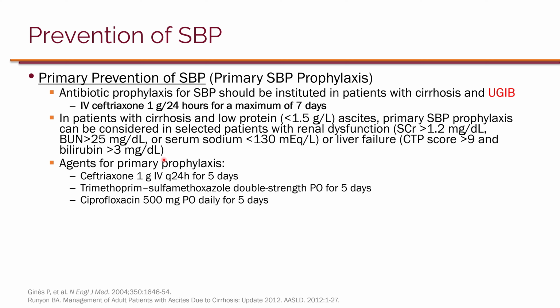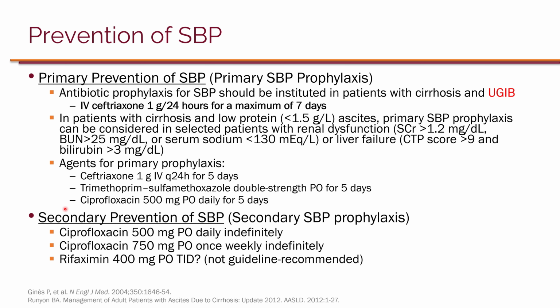And the agent for primary prophylaxis for these patients essentially is ceftriaxone, but trimsulfa and ciprofloxacin have also been used. These are all for 5 days. So essentially, prophylaxis for GI bleeding is a bit longer compared to other types of primary prophylaxis.